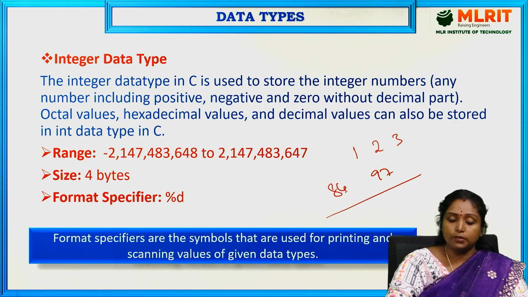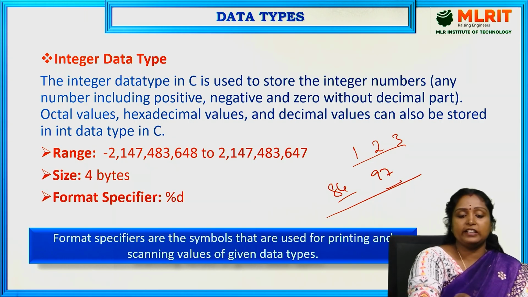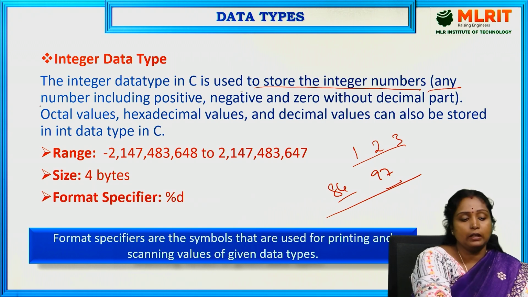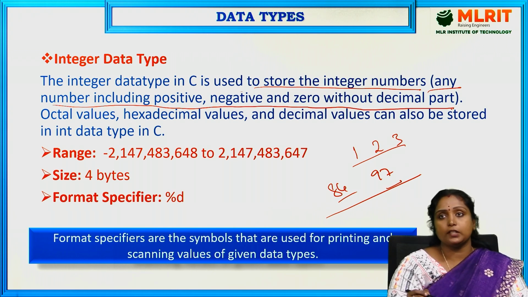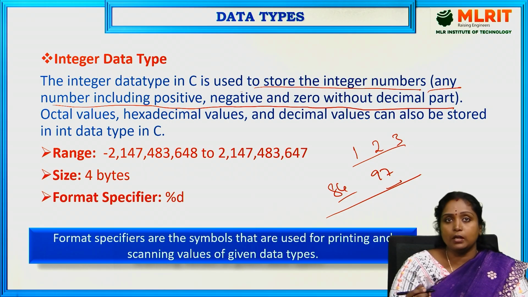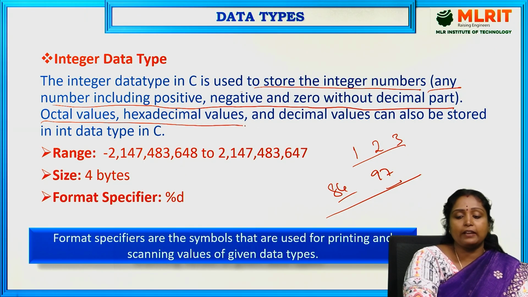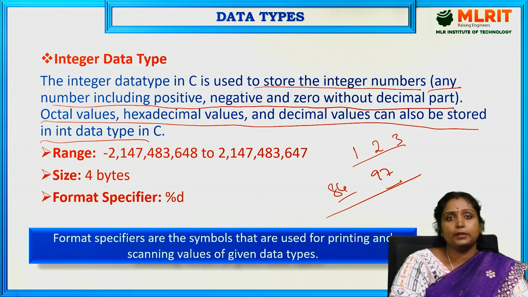You cannot use decimal points here. The integer data type in C is used to store any number including positive, negative and 0 without a decimal point. Octal values, hexadecimal values and decimal values can also be stored in integer data types in C.